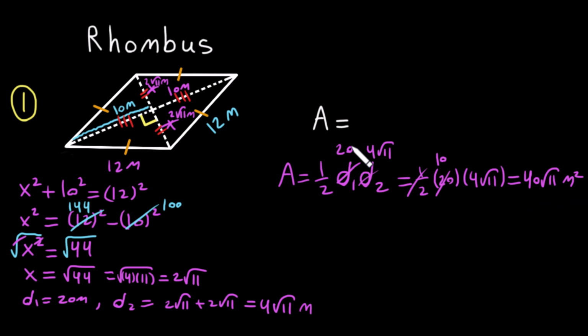So we found the answer is 40 square root of 11 square meters, the area of this rhombus. Now, let's take another example.